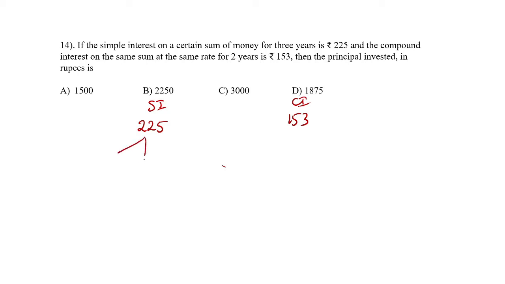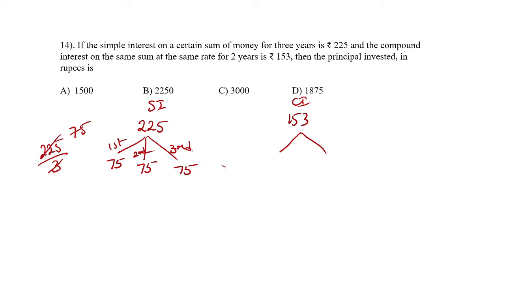Simple interest is for 3 years and compound interest is for 2 years. We know simple interest for each and every year is the same. So 225 by 3, what will be the result? 75. So each year the simple interest is the same: 75, 75 and 75. This is for the first year, the second year and the third year.